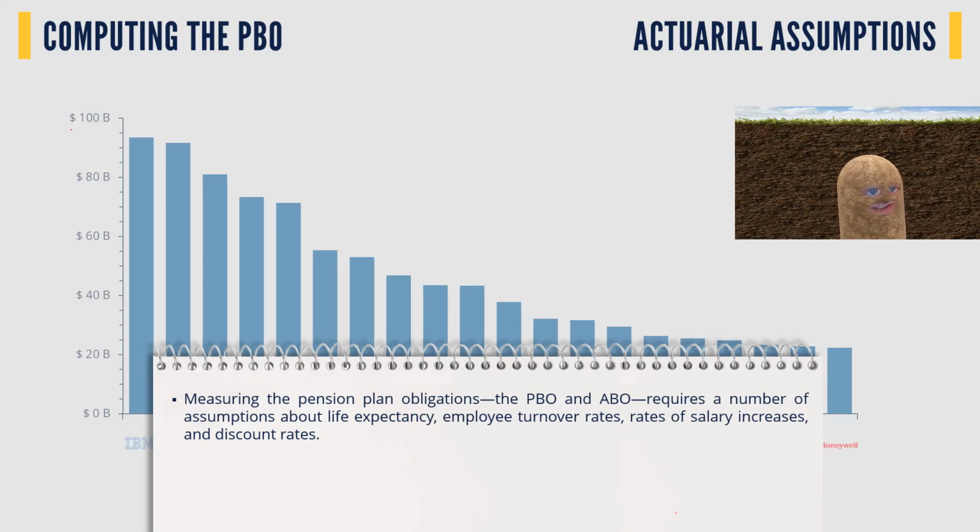And so measuring the plan obligations, such as the PBO for this illustrative example, obviously requires a lot of assumptions about things like life expectancy, employee turnover rates, rates of salary increases, and discount rates.